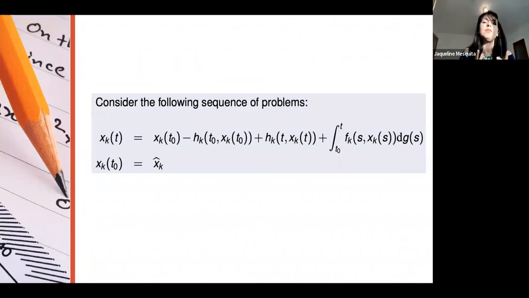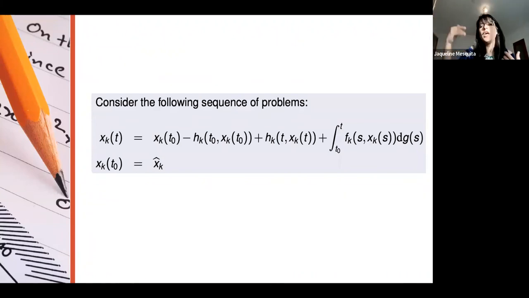Here we proved this one, but we are trying to prove other types of results. For example, if we have the limiting problem, can we ensure that we can construct a sequence of problems, with a sequence of solutions that converges to the limiting problem?